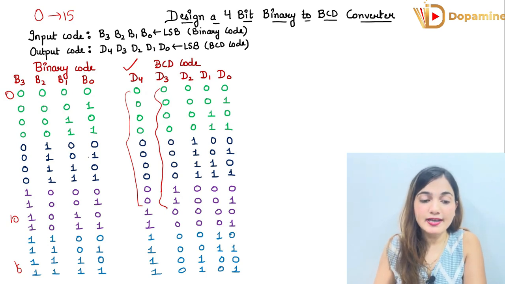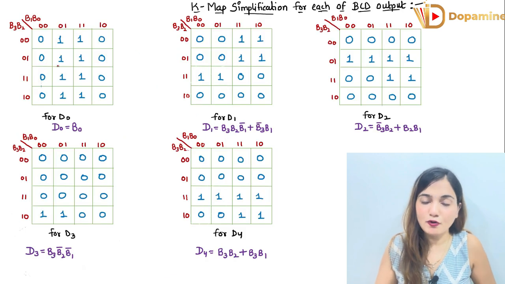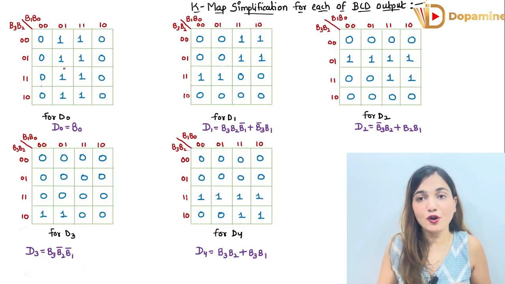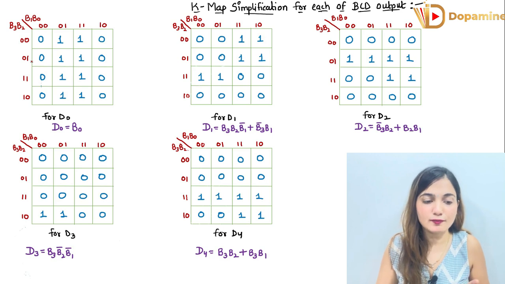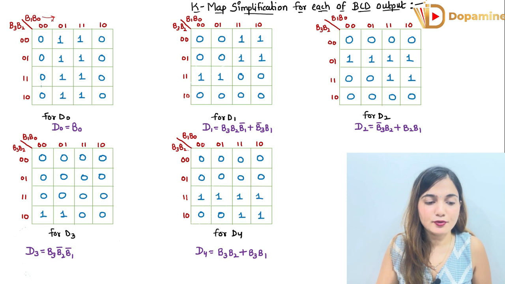Now for each of the output bits, D0, D1, D2, D3, D4, we are going to make the K-map. I hope you remember how to make a K-map. Because we have 4 inputs, we are going to make a 4 by 4 K-map. Here in the columns you can see B1, B0, varying as 00, 01, 11, 10. In the rows you can see B3, B2, again varying as 00, 01, 11, 10.